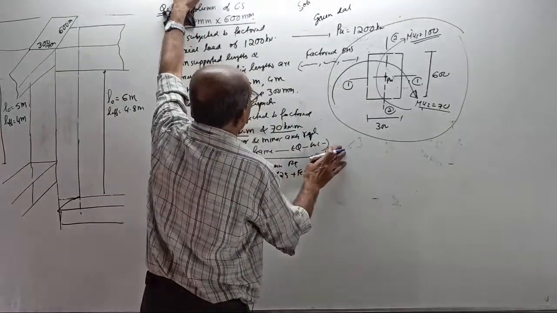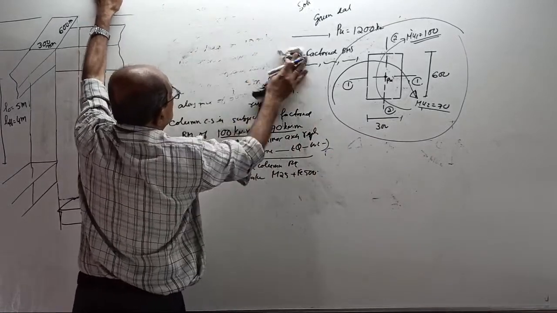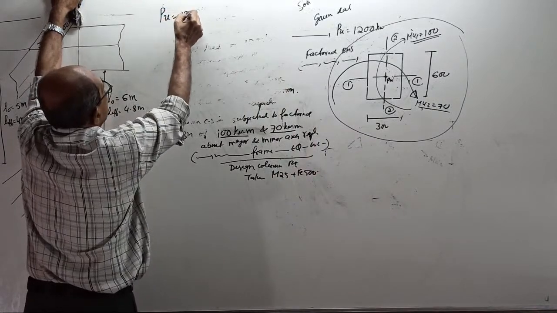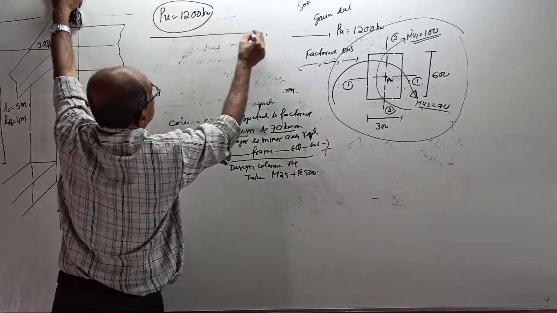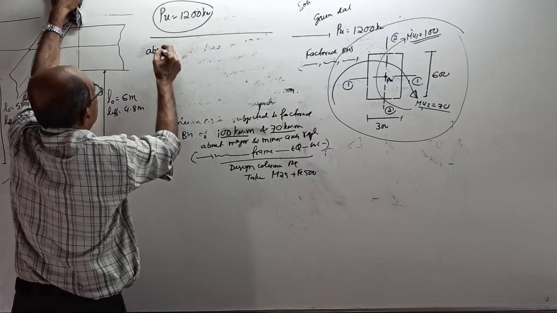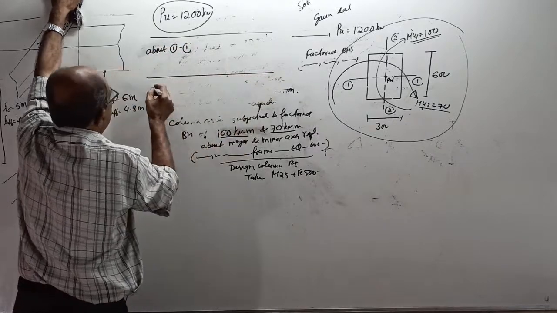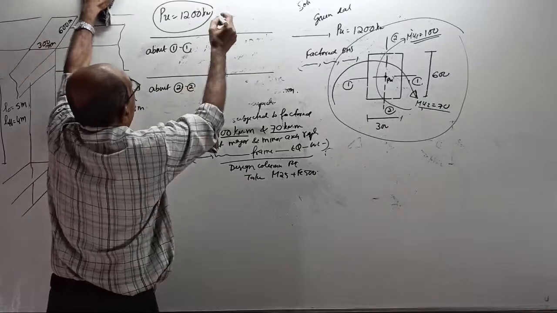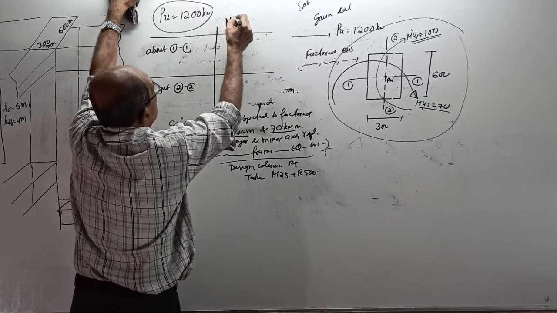Now I will tell you one thing. I will remove this and make a small chart. See, remember, your PU is 1200 kilonewton. Now, about the axis 1 and also about the axis 2, I want MU.